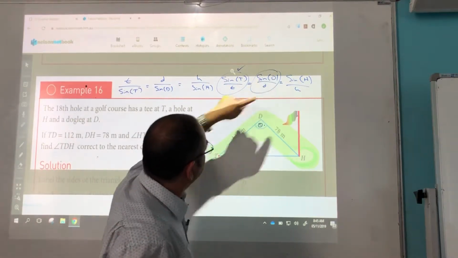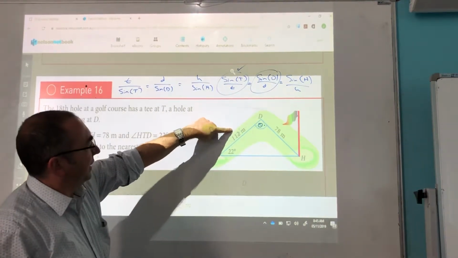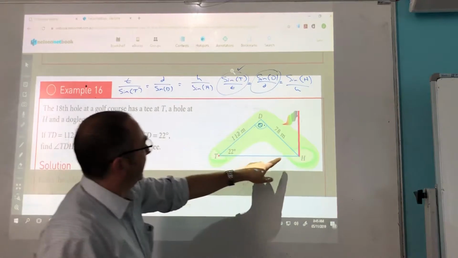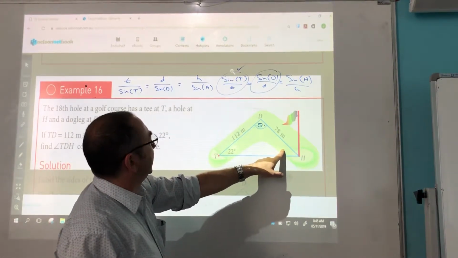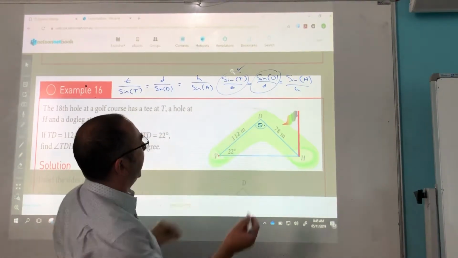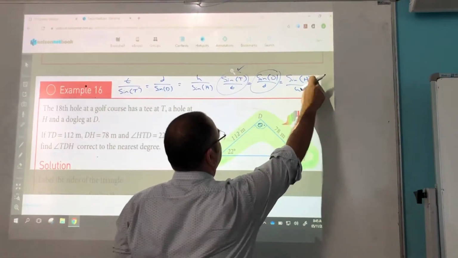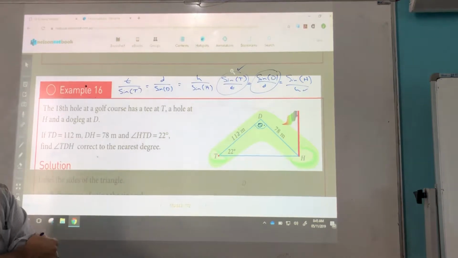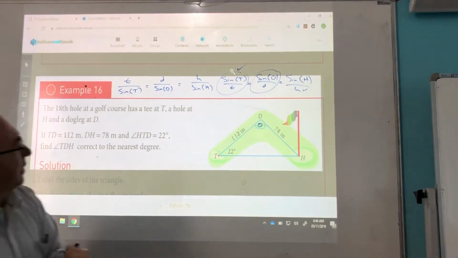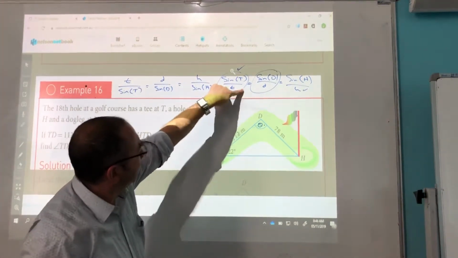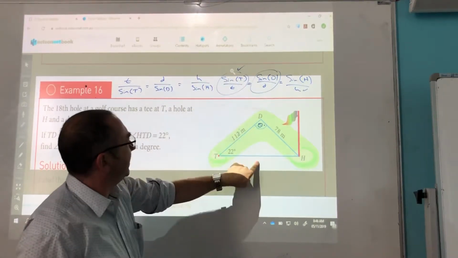Here at H, we have the side H, but we don't have the angle H. So that's going to be quite tricky, I think. So we don't have side D.